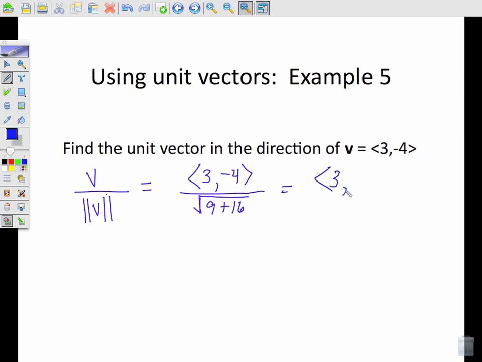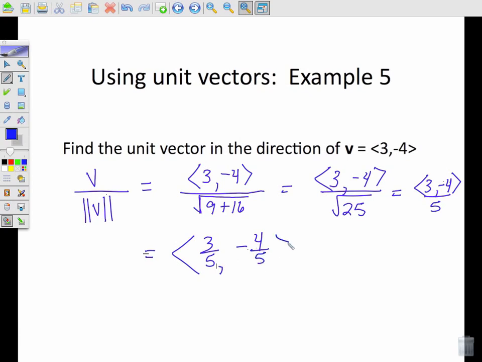This would be the vector 3, negative 4 divided by the square root of 25, which is the vector 3, negative 4 divided by 5. We actually will write the result of this as 3/5 and negative 4/5. So this is the unit vector.